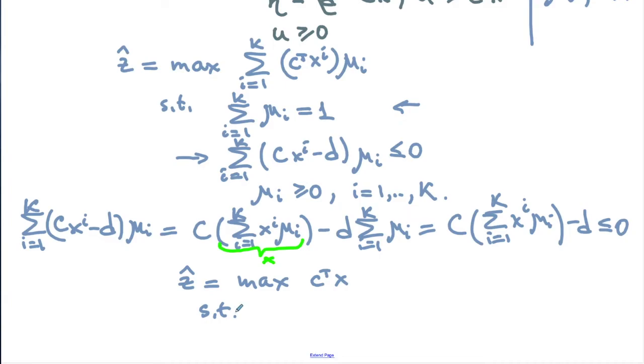Now the remaining constraints with this notation essentially tell us that x belongs to the convex hull of X capital, and this constraint is going to give us Cx is less than or equal to d. All right, so you have Cx is less than or equal to d, and then x belongs to the convex hull of X capital.